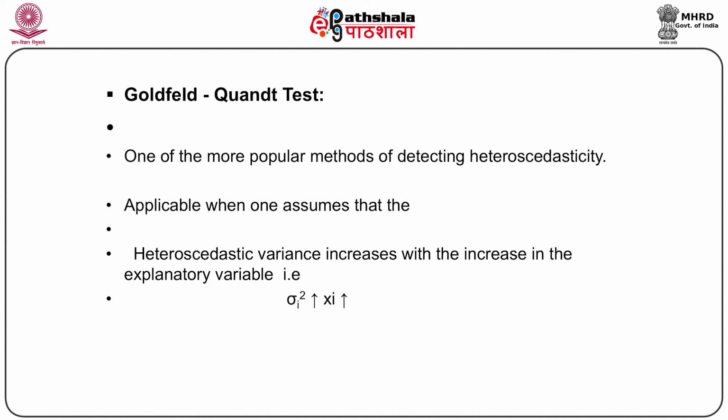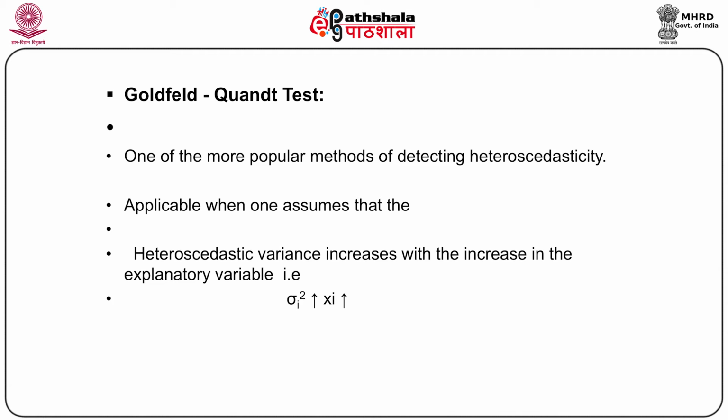Moving on to the next formal method of detecting heteroscedasticity, we will discuss the Goldfeld-Quandt test. The Goldfeld-Quandt test is one of the more popular methods of detecting heteroscedasticity. This method is applicable when one assumes that the heteroscedastic variance sigma i square increases with the increase in the explanatory variable.